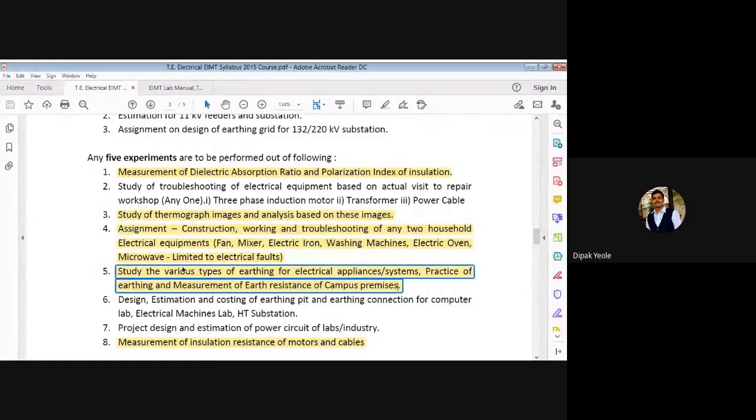So I have already circulated the lab manual to you on your Google Classroom. If you are able to fill in the observation table on your own, you can fill the observation table, or you can write the pre-lab and post-lab questions on a single page.